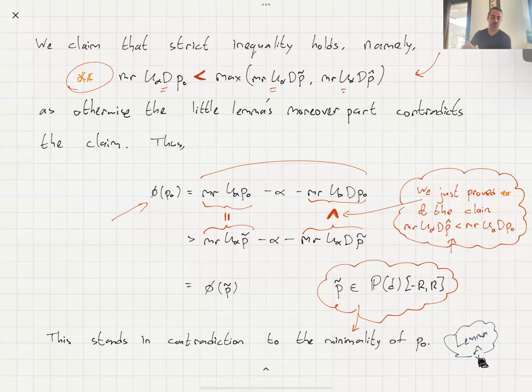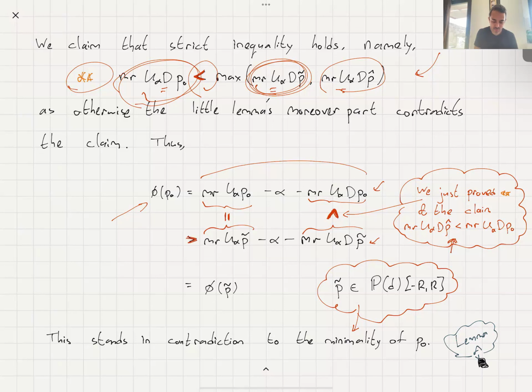But let's recall that again, not for the purpose of proving that, but for something else. So the hat is strictly smaller than p0. So this is smaller than that. So the only way that this happens is that this is larger than that. Good. So what I'm claiming here is that the tilde player is strictly larger than the 0 player. So that's why you have the strict inequality here. But really, that's just the definition of phi of p tilde, right?